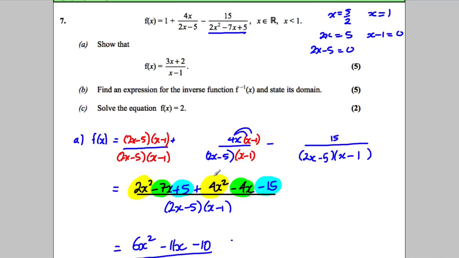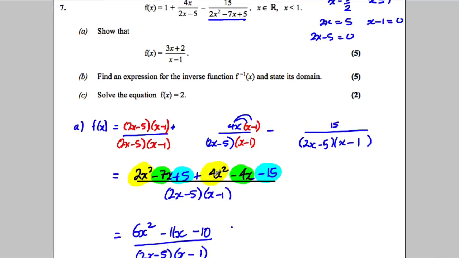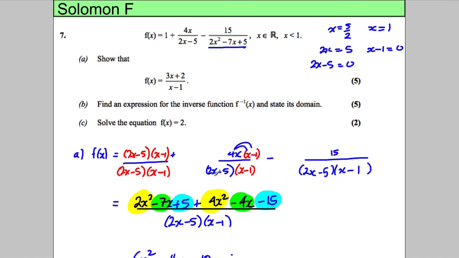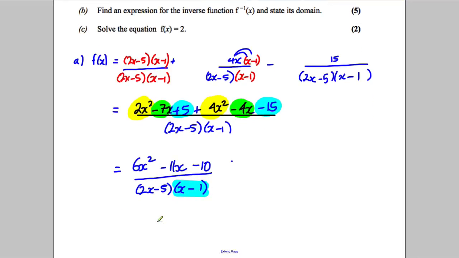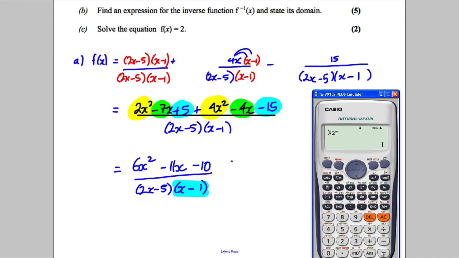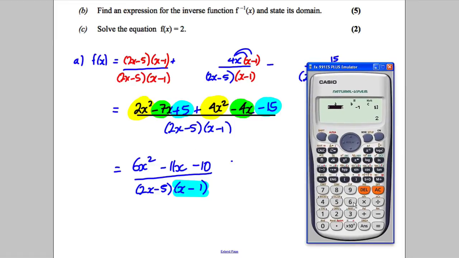Now, supposedly it factorizes as follows. It looks to me that because we keep the x take away 1, this is the type of way you can think in the exam: because we keep that, the top must have a factor of 2x subtract 5 in it. Now, you could get your calculator out, again go to equation mode, and say that the quadratic is 6 for a, negative 11 for b, and negative 10 for c, and you get the answers 5 over 2 and negative 2/3.